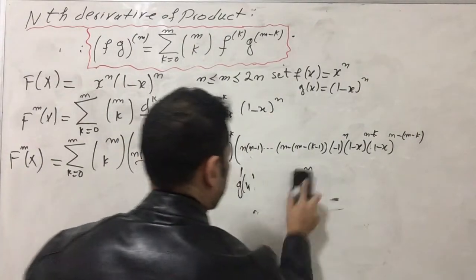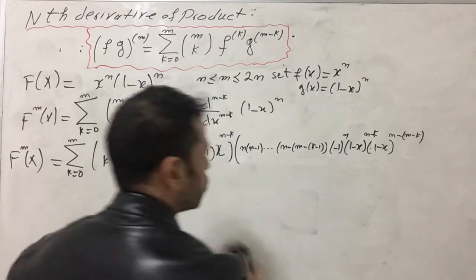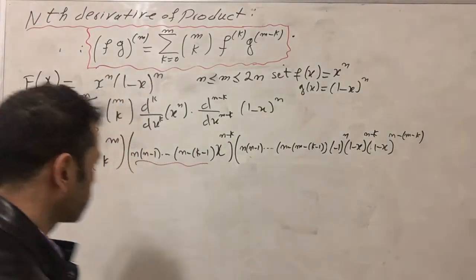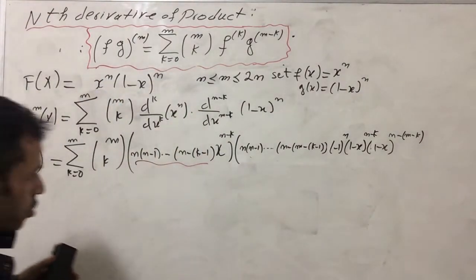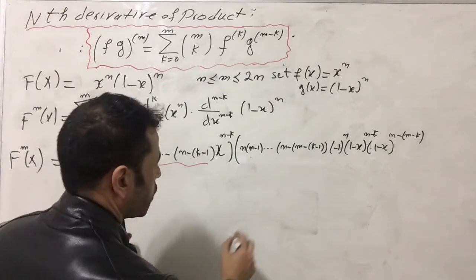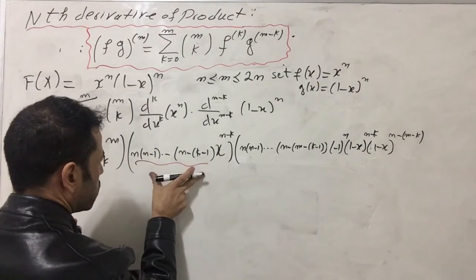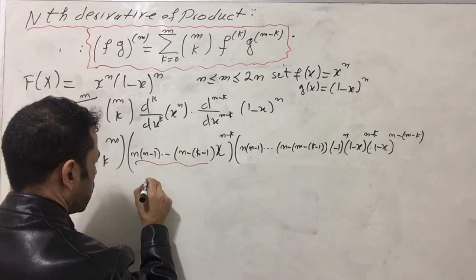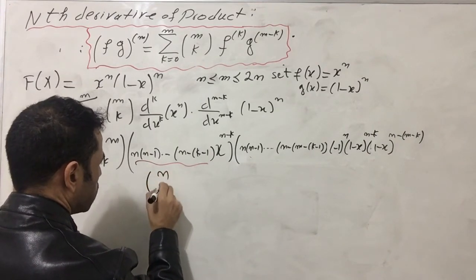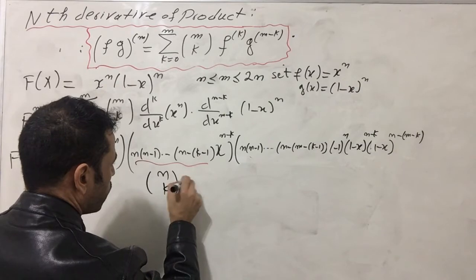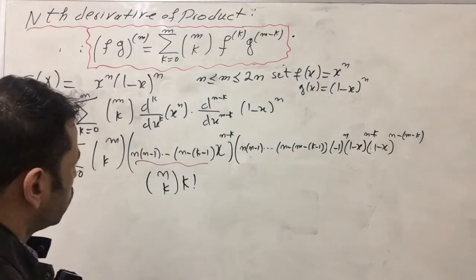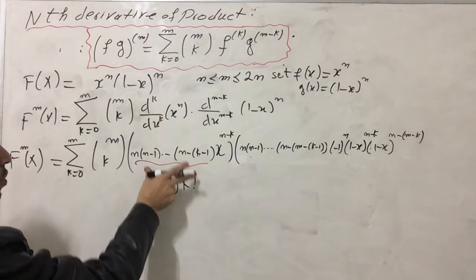So now I'm going to simplify this one. On the other hand, this is equal to n choose k multiplied by k factorial. You can prove this, it is easy to prove.